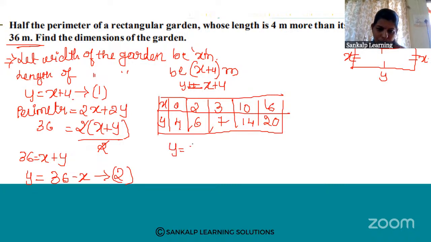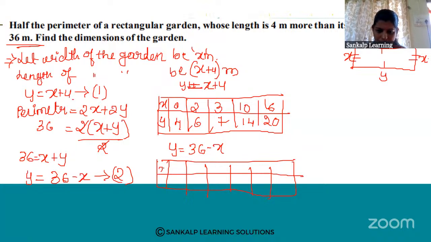So y is equal to 36 minus x. Here also we will make one table. This is for x and this is for y. If I substitute x is equal to 0, what will I get? When x is equal to 0, the y value is 36. Here we have to substitute big values, right? If we do 1, 2, it will become a very big table. For that, we need to substitute big values.